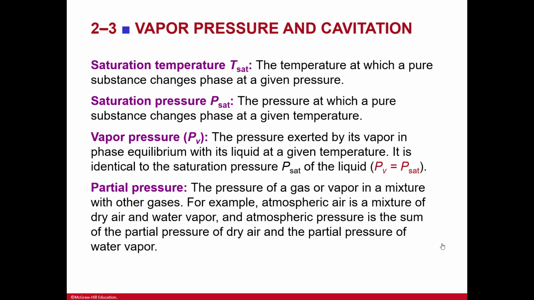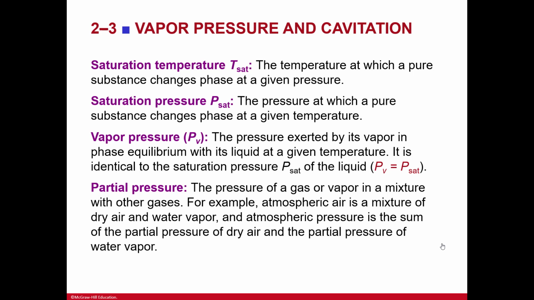And then finally, partial pressure is the pressure of the gas or vapor in a mixture with other gases. So for example, atmospheric air is a mixture of dry air and water vapor, right? Because we know that our atmospheric air is not completely a gas. We have dry air and water vapor. We have moisture in that, and you know that by humidity.